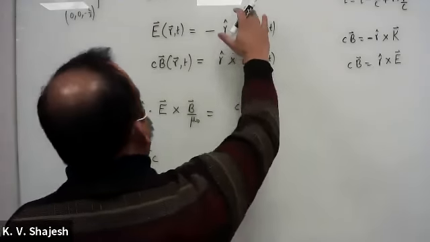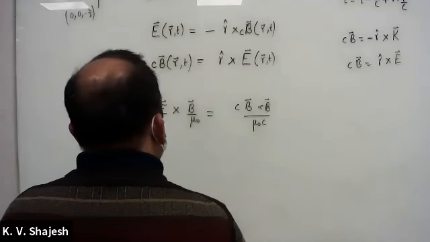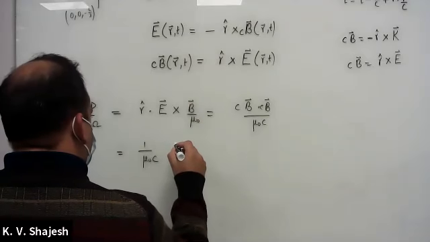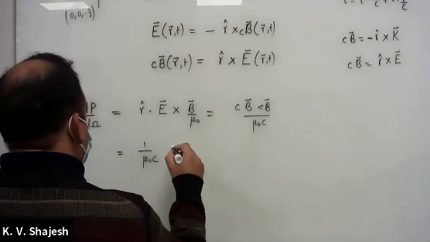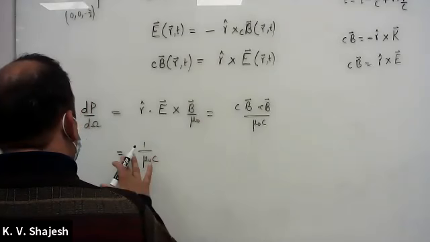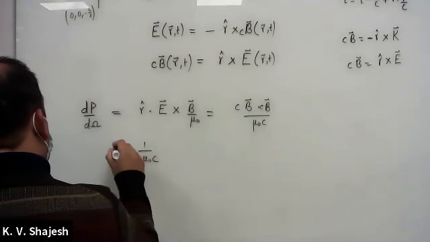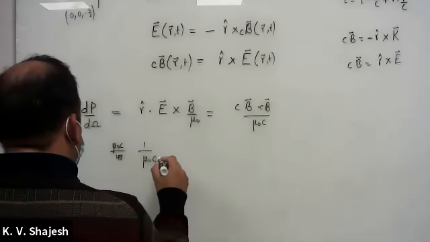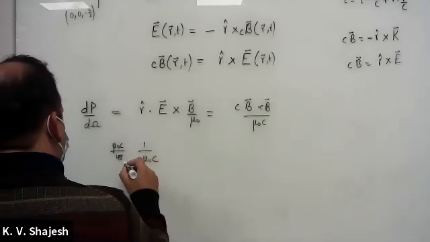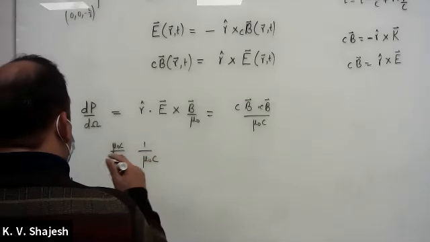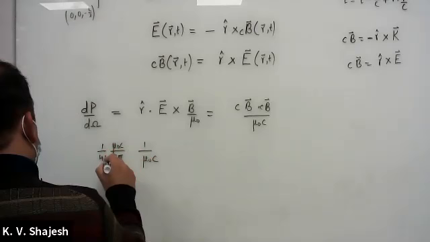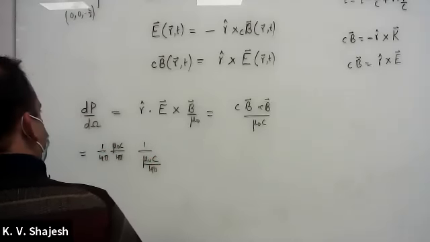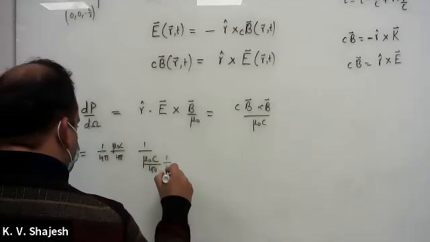Is there a simpler way of writing this? c times B. Let me write this as mu naught c over 4 pi and mu naught c squared, one more 4 pi and mu naught c over 4 pi, and that is 1 over r.